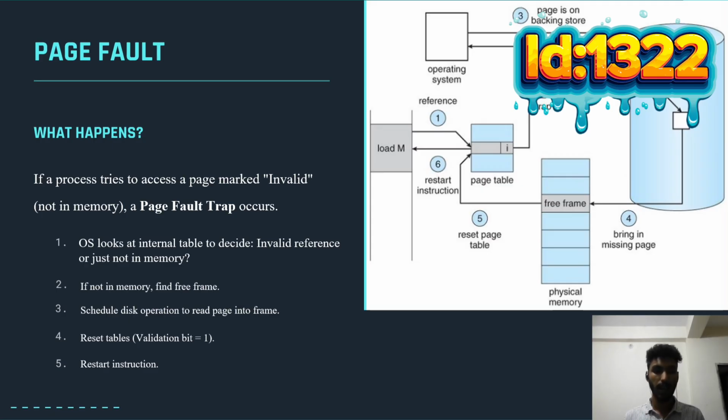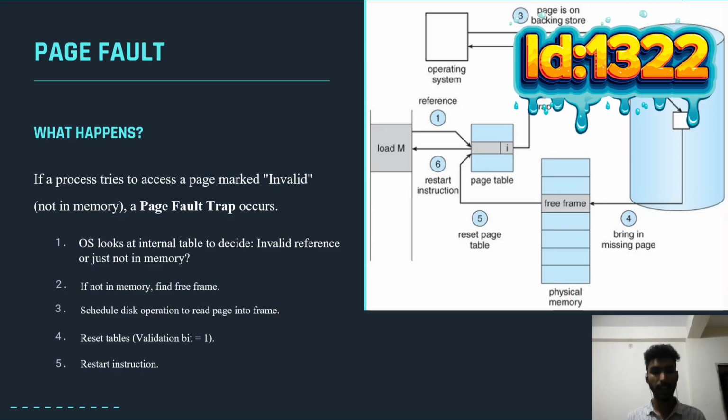Page fault. Here we see what happens during a page fault. A page fault occurs when a program tries to access a page that is not currently in RAM. When that happens, the CPU traps to the operating system. The OS then checks whether the page is valid.